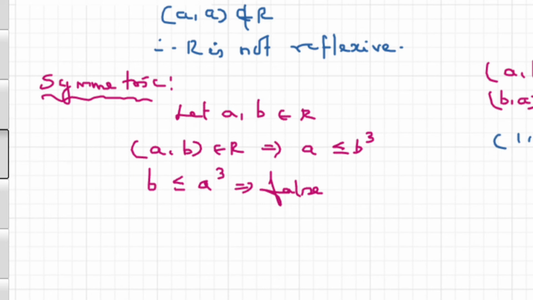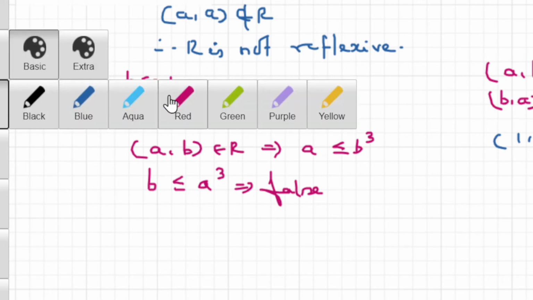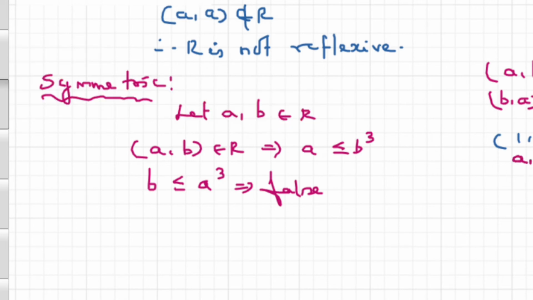Here let us take the example (a, b) equal to (1, 2). The condition is a less than b cube. It is 1, and the cube of 2 is 8. So 1 is always less than this cube. But if we reverse this one, if we have (2, 1), that is (b, a), now look at this one: 2, and the cube of 1 is 1.